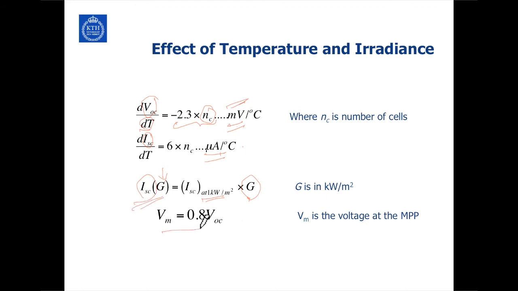And for the voltage, of course, you have the maximum power point voltage, which is 80% of the open circuit voltage, and these values are given in the specification sheet of the module.